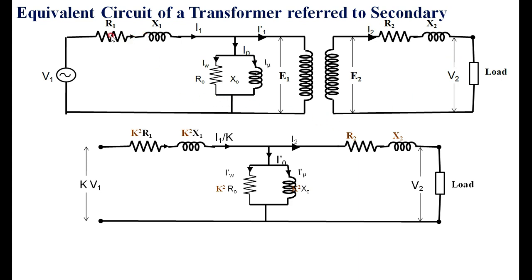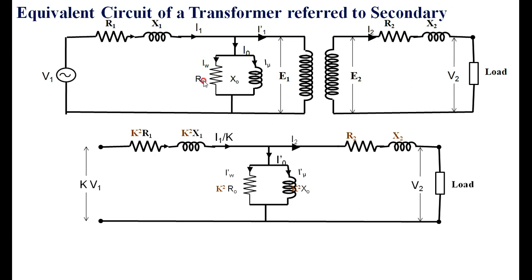Therefore, to bring the terms from primary to secondary, what you have to do? For resistance and reactance, you have to multiply by the square of the transformation ratio. That means R1 in the primary is equivalent to K square times R1 in the secondary. You are transferring from here to here. Similarly, X1 in the primary is equivalent to K square times X1 in the secondary side.